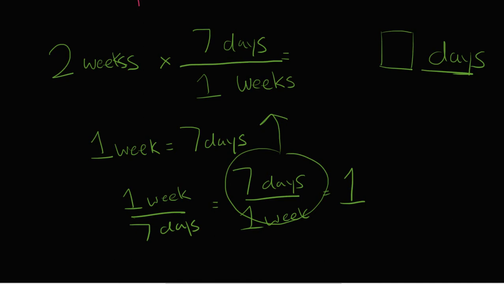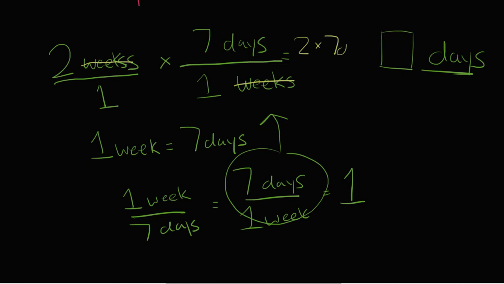So to better visualize, I can call this 2 weeks over 1. Anything that's not a fraction, call over 1 and make it a fraction, right? The weeks right here are going to cancel out with the weeks down here, right? So what I'm left with is, and the ones obviously don't do anything, I'm left with 2 times 7, and what units do I have left?